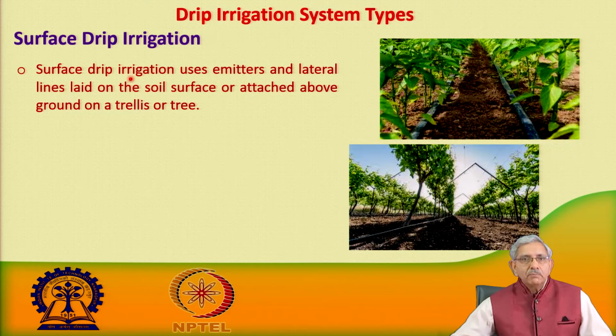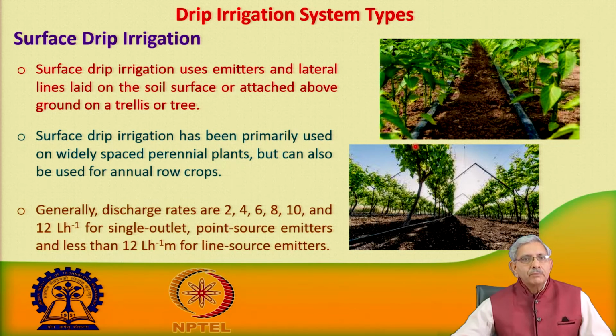So, the surface drip system uses emitters, and lateral lines are laid on the soil surface or attached above ground on a trellis or tree. Now, these drippers can be point source on-line type of dripper, or they can be in-line type of dripper.